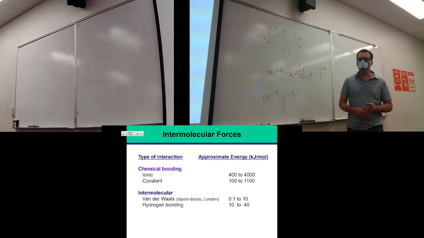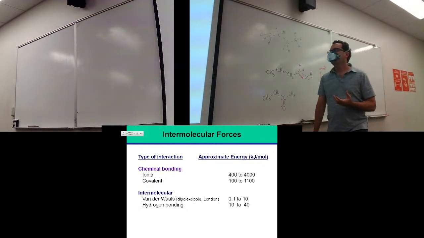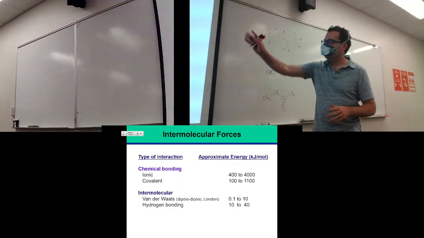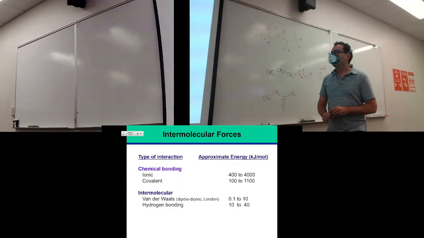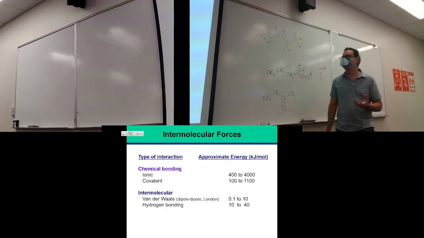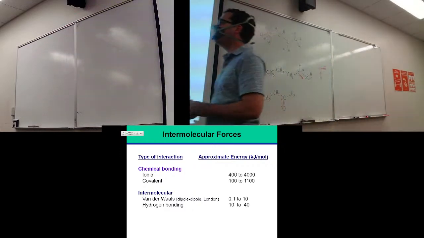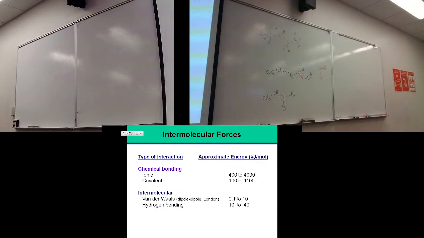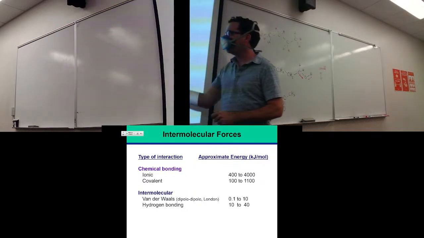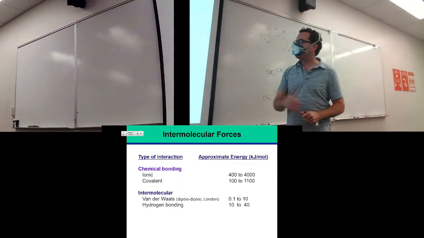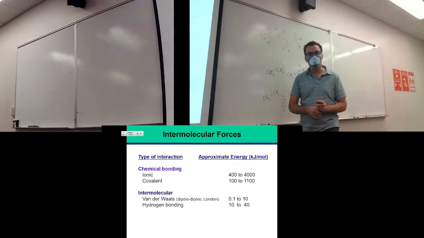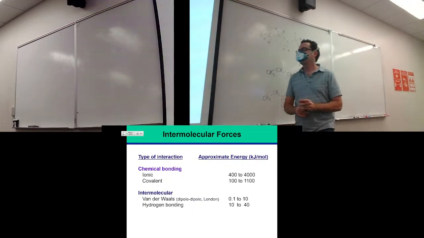The intermolecular forces, we've got a lot of names for them, and you saw the names on the previous slide. We can categorize them in different ways. We're going to focus a lot on the van der Waals type forces, which includes dipole-dipole and London dispersion forces, which we'll get to. There is a special kind of intermolecular force called hydrogen bonding. We'll get to that as well.